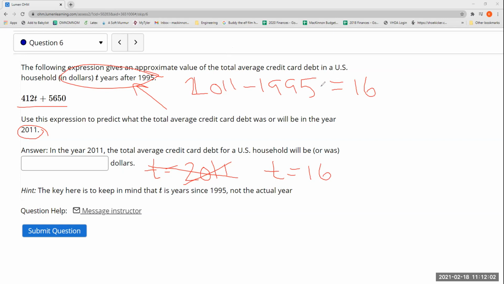Now what I'm going to go ahead and do is just compute what 412 times 16 plus 5650 is.